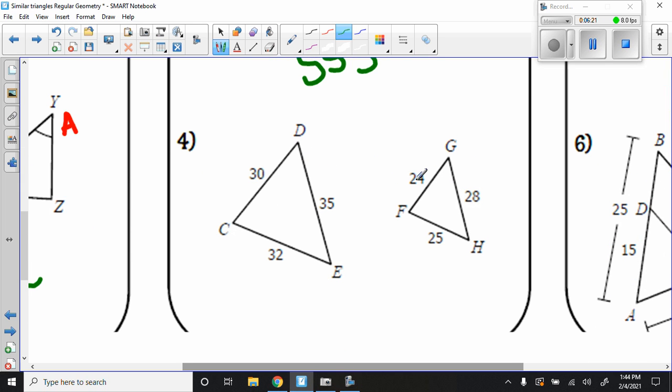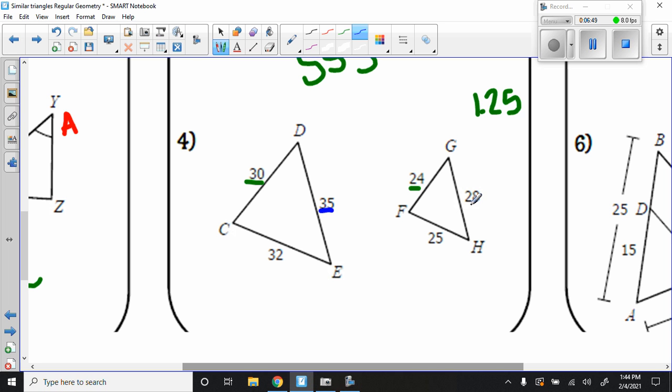Okay, so let's see if this one's similar. So what we do is we take corresponding sides. 30 and 24, what's that scale factor? 30 divided by 24 is 1.25. So we're going to check if 1.25 is the same on all of these. 35 divided by 28, 1.25, check.